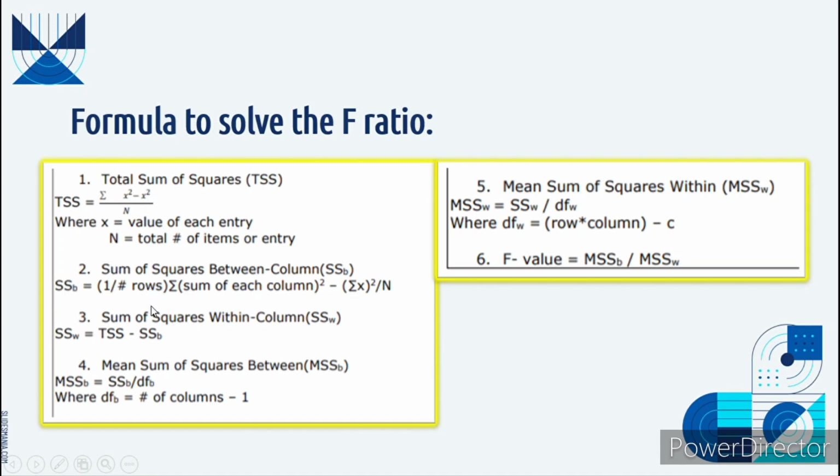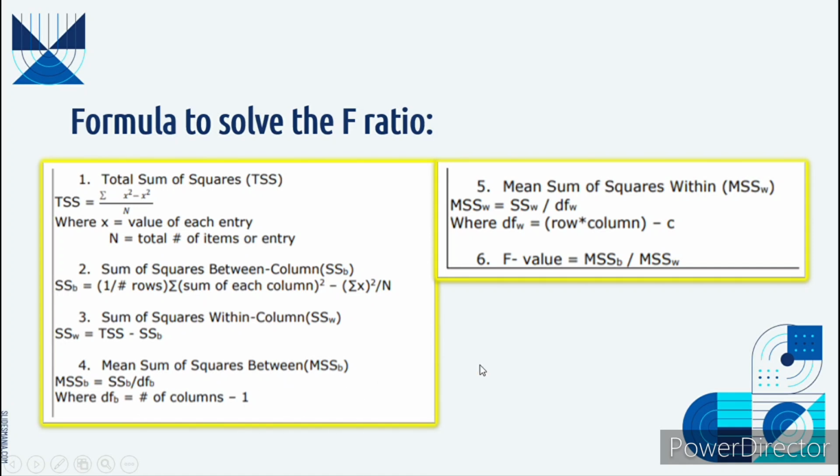Number 4, mean sum of squares between, MSSB, or SSB all over DFB, where DF is equal to number of columns minus 1. DF is degrees of freedom.